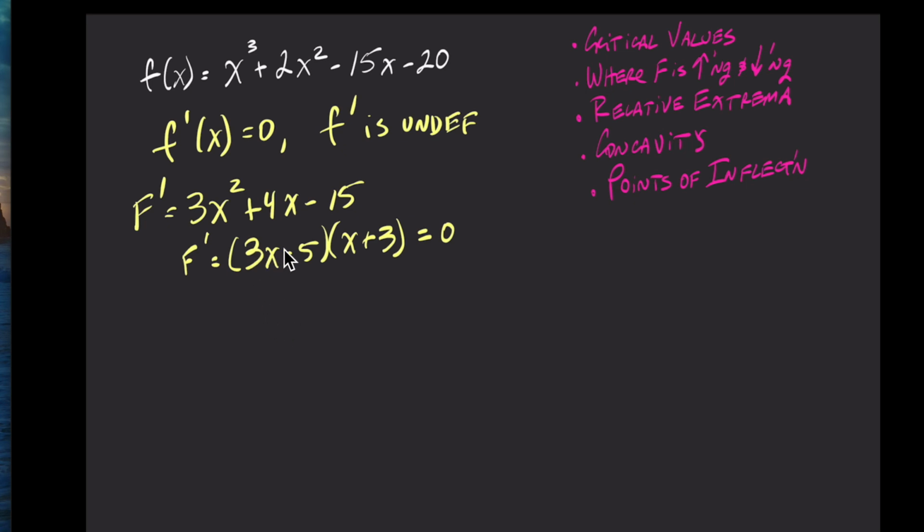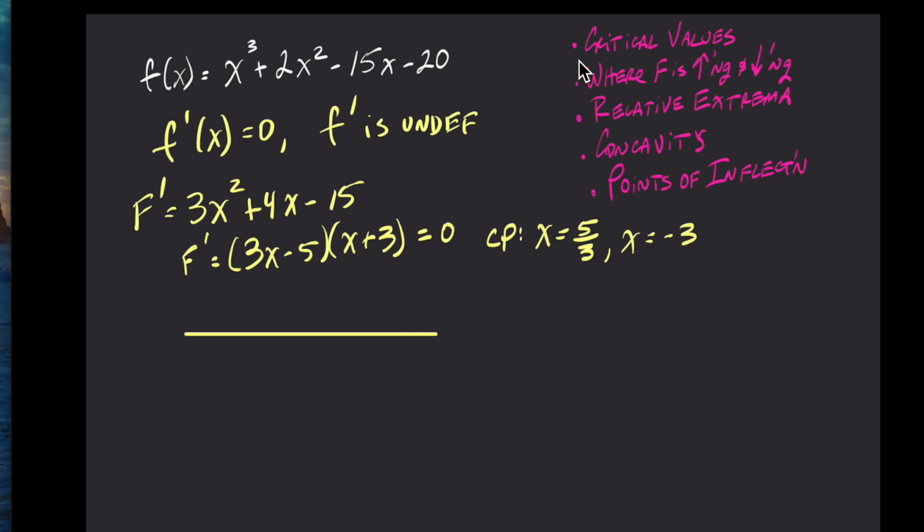So we're going to use the zero product rule, and we're going to set 3x minus 5 equal to 0 and x plus 3 equal to 0. And when we do that, we're going to get the critical values of x equal to 5 over 3 and x equals negative 3.